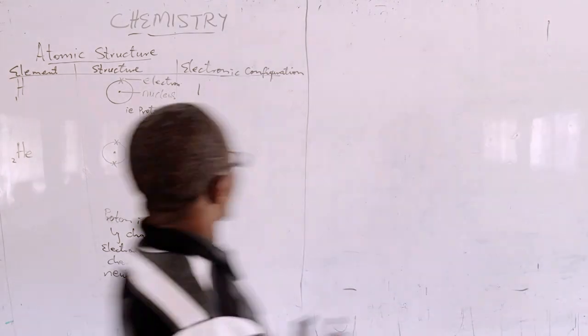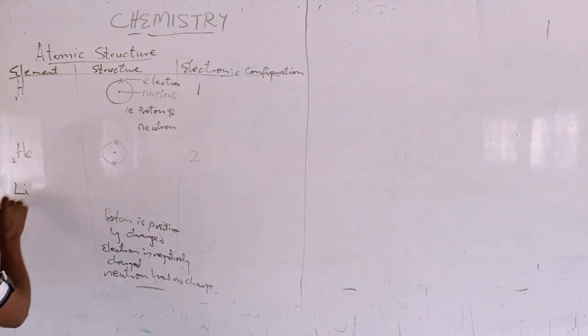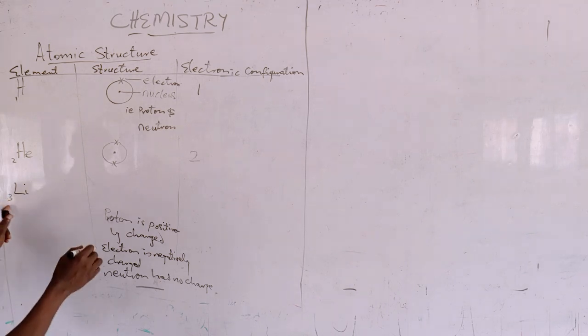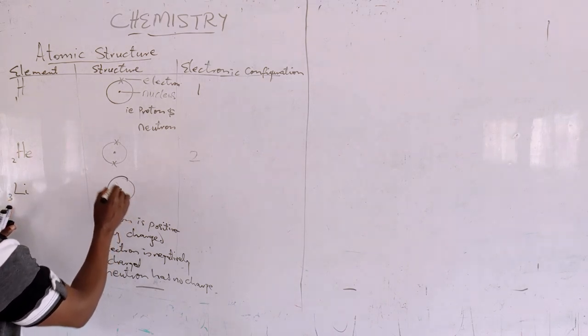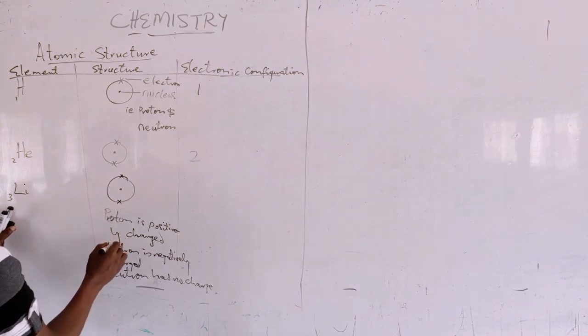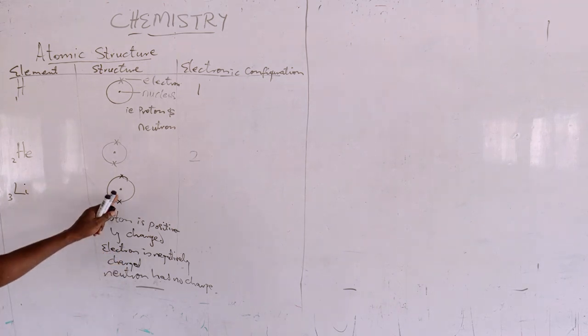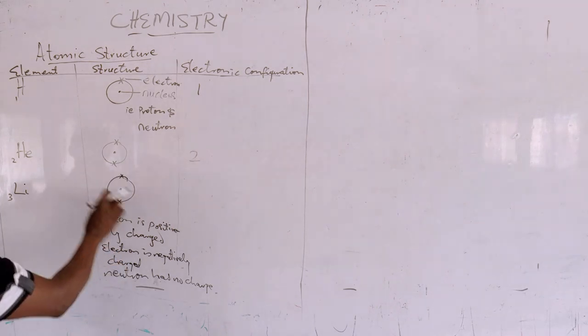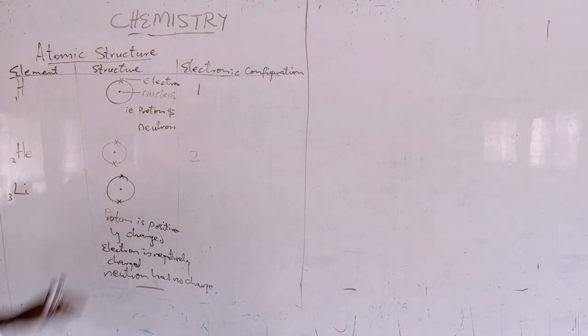So we move on to lithium, being the third. Atomic number is 3. So you have something like this. This is the nucleus. You have 2 electrons in the first shell. Note also that the first shell cannot carry more than 2 electrons, 2 maximum.